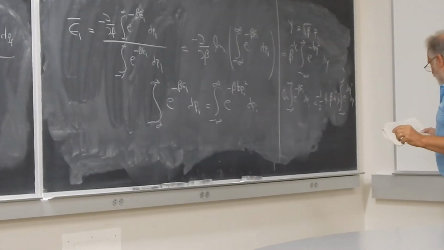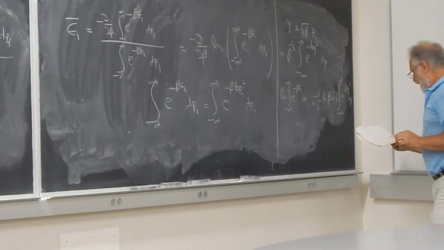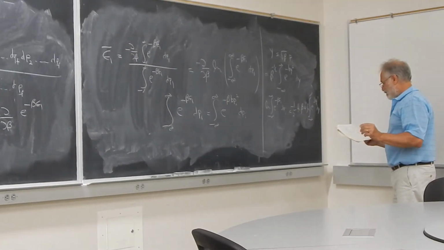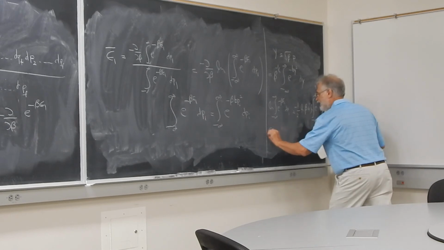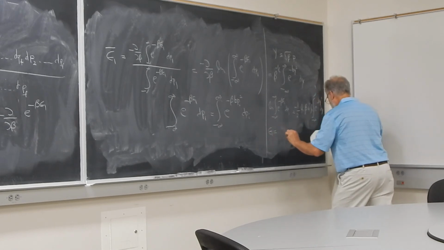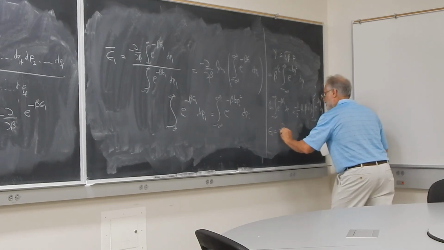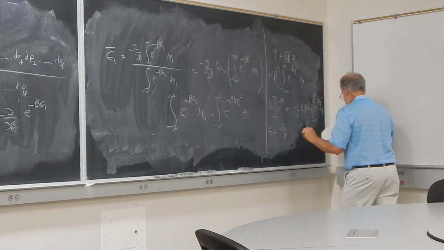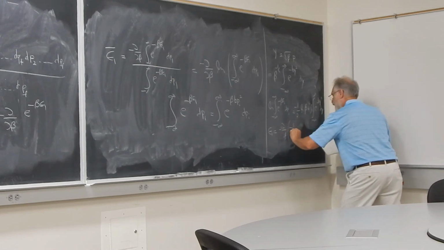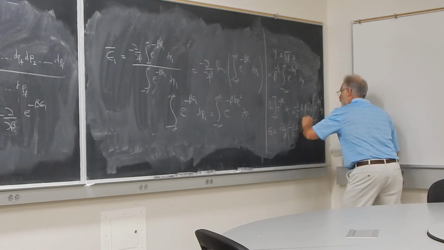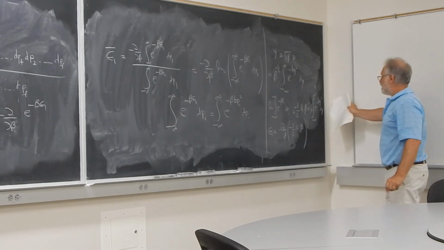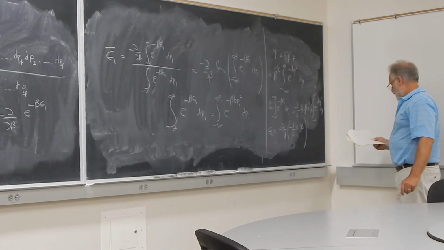But here's the great thing. The integral on the right-hand side doesn't involve beta at all. So I can say immediately E1 is just equal to minus d by d beta of minus 1/2 log beta, because this integral means nothing.